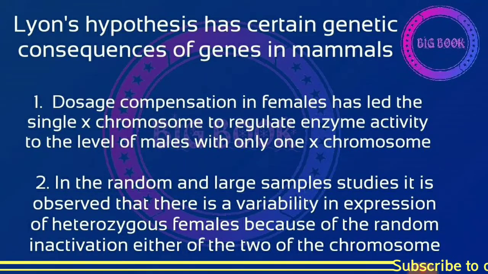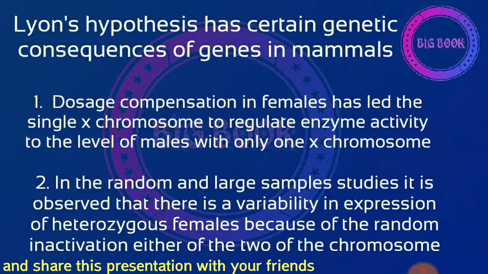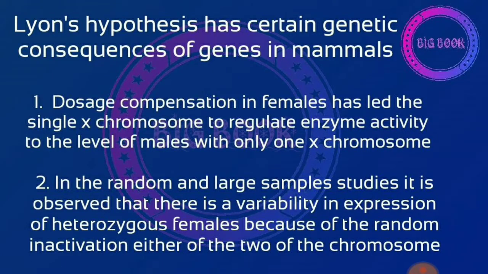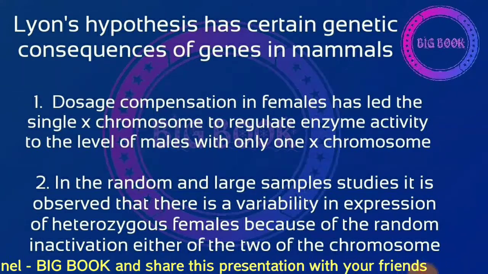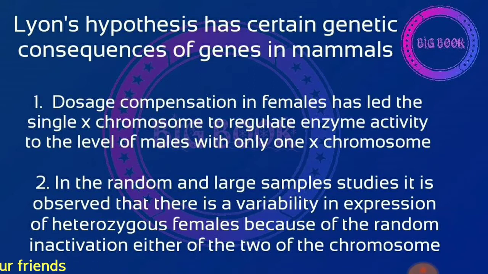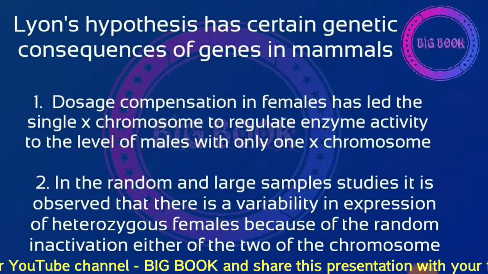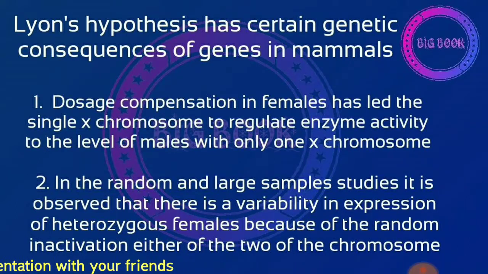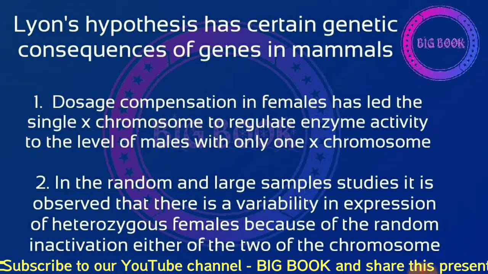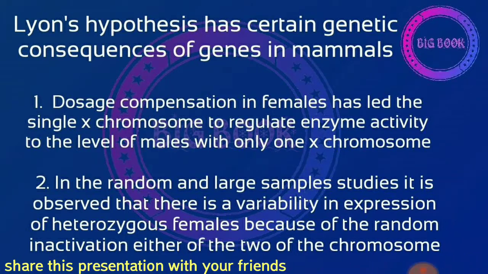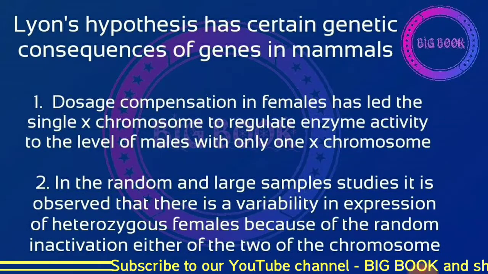If you consider females, on both the X chromosomes there will be the homologous form of the genes, the locus will have similar genes, but because of the inactivity of one of the X chromosomes, one fold of the X chromosome gene expression has been suppressed or lessened. Because of that, dosage compensation has been formed. Whatever fold of X chromosome gene expression occurs in females, the same amount of gene expression is regulated in males also.